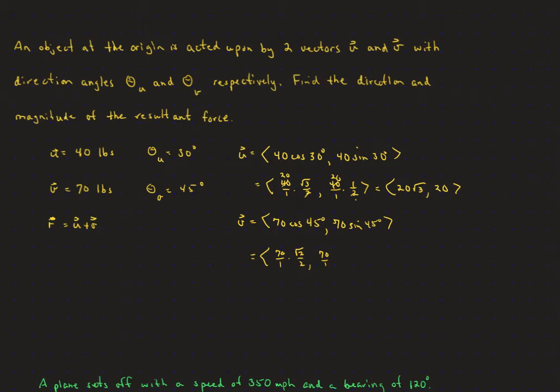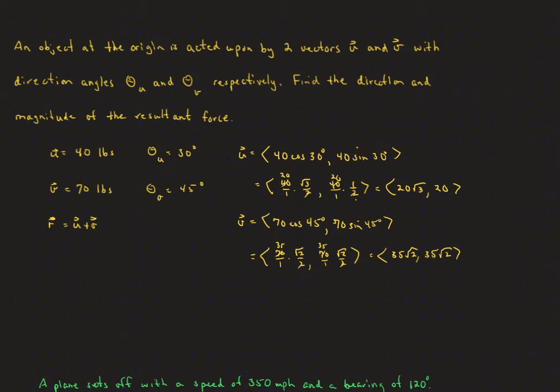So we can cancel here as well and get 35 times the square root of 2 for both the x and the y component of vector v.